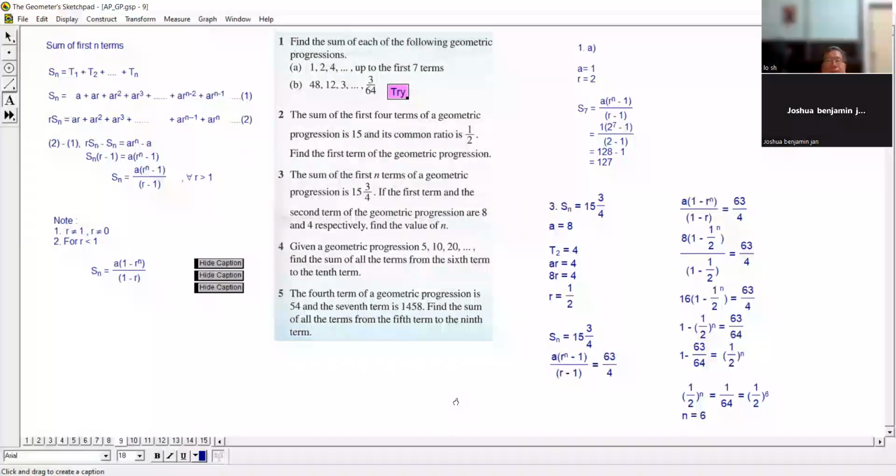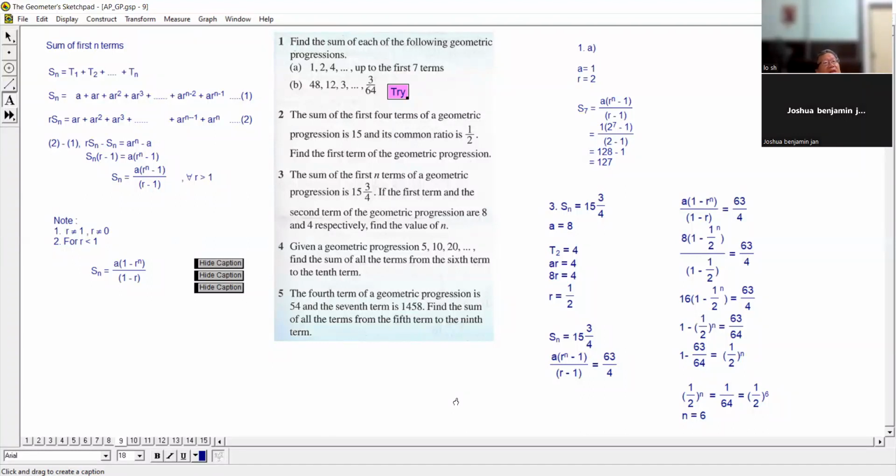The fourth term of a geometric progression is 54, and the seventh term is 1458. Find the sum of all the terms from the fifth term to the ninth term. Now here they say find the sum of all the terms from the 5th term to the 9th term.